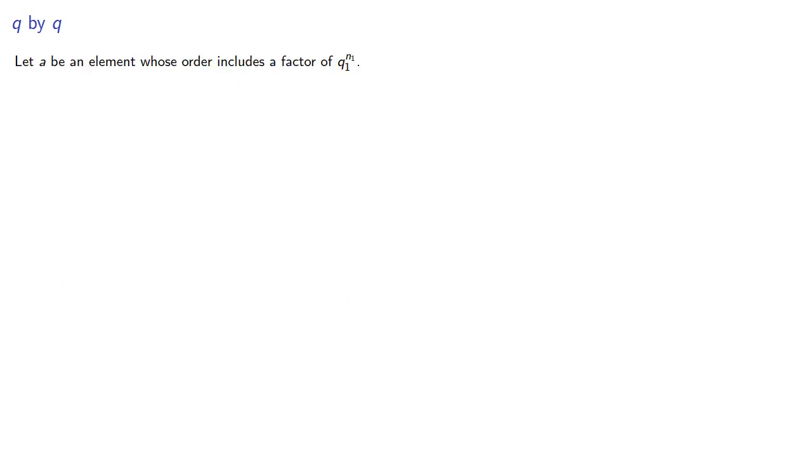So let a be an element whose order includes a factor of q1 to power n1. Now if we're lucky and a actually has order q1 to the n1, then we're done. Suppose instead that a has order q1 to the n1 times something else.